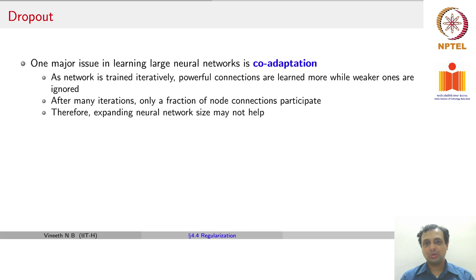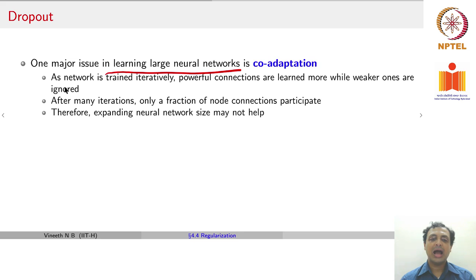Now, why did we talk about ensembles? We want to now see how to bring that idea of ensembles to regularize a neural network, an ensemble of neural networks for that matter. So one major issue before we design ensembling for neural networks, a major issue that occurs when you learn large neural networks, is what is known as co-adaptation.